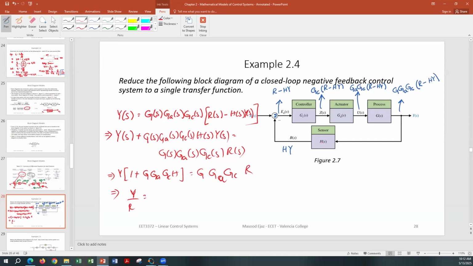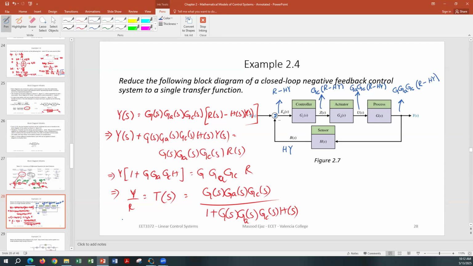So the transfer function Y over R, since I'm already using H(s) as one of the variables, I'm just calling T(s), the transfer function of the system. T(s) is equal to G(s) GA(s) GC(s) over 1 plus G(s) GA(s) GC(s) H(s).